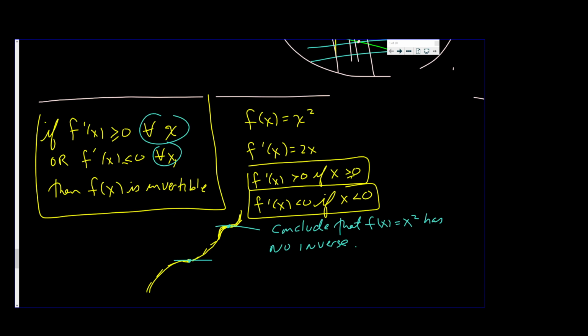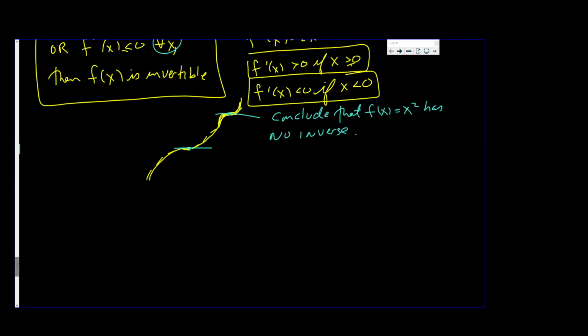Let's try one more like this. Without graphing, how would you show that f of x equals x squared minus x, well, has an inverse or doesn't have an inverse?